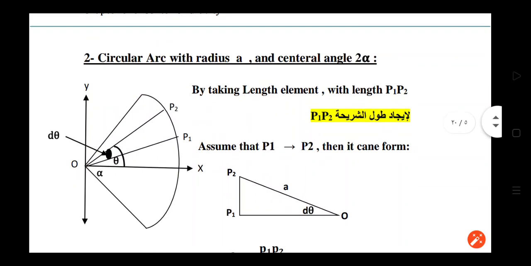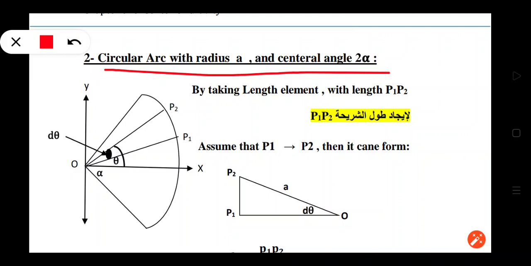For a circular arc with radius a and central angle 2 alpha, as shown, by taking the length element B1B2, we have central angle 2 alpha. This half is equal to alpha, and this half is also alpha.